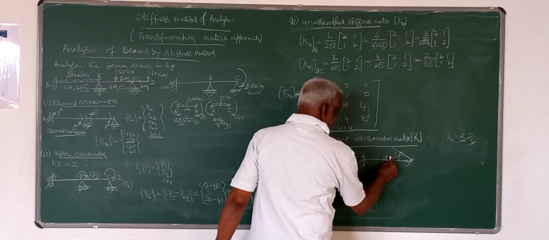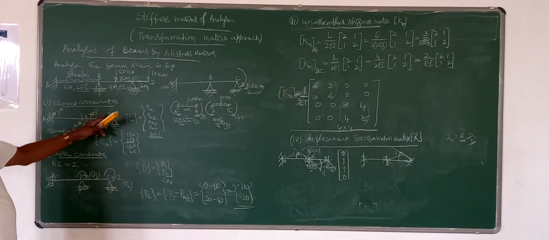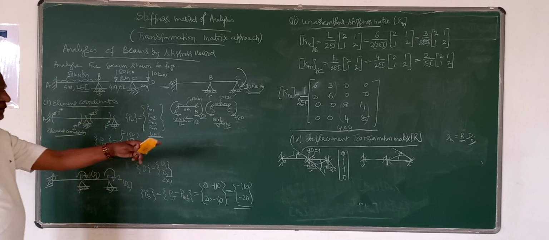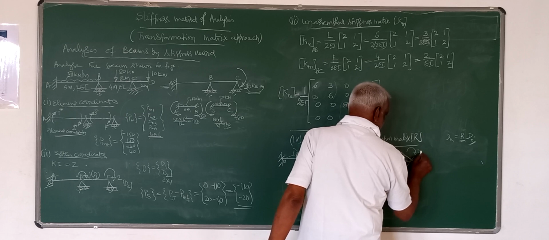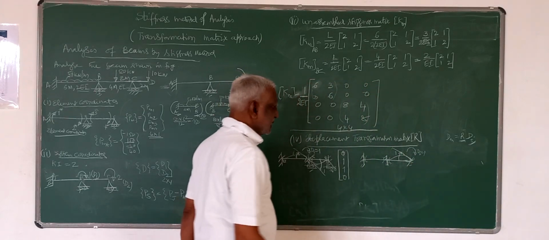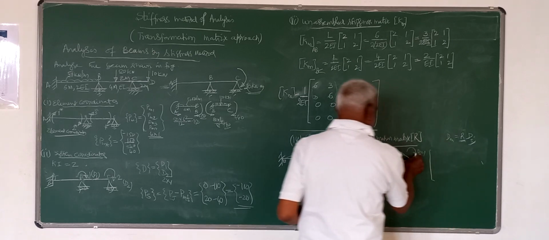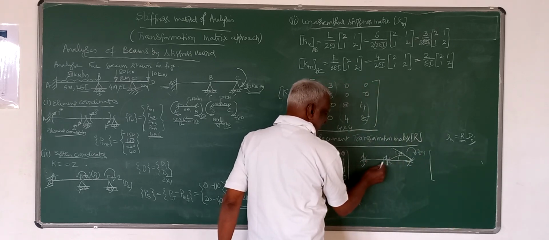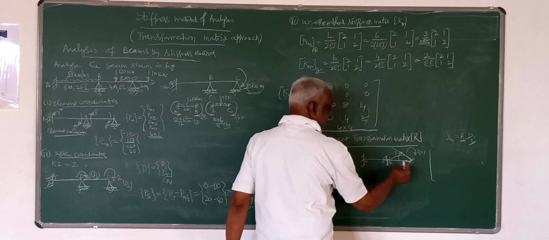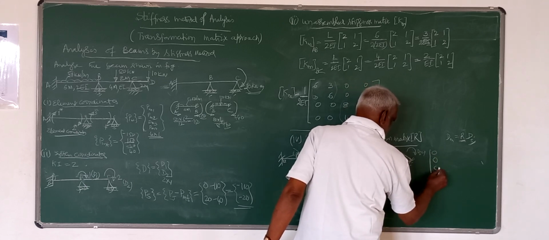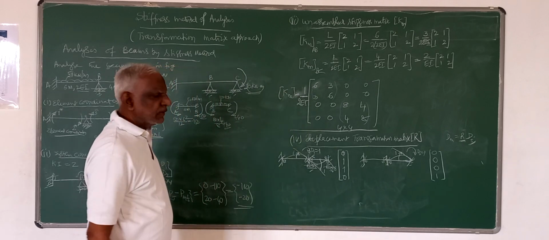So I have to calculate what is the displacement along these element coordinates. I am applying d2 equals 1, all others will be 0. That is the second column of this R. If I apply this here, here it is 0, here it is 0, here it is 0, here it is 1. That means the second column will be 0, 0, 0, 1.